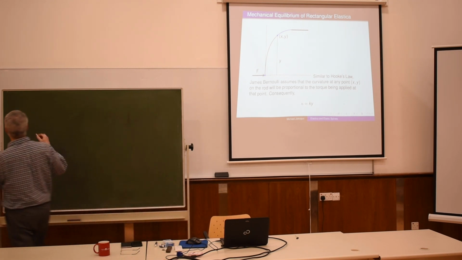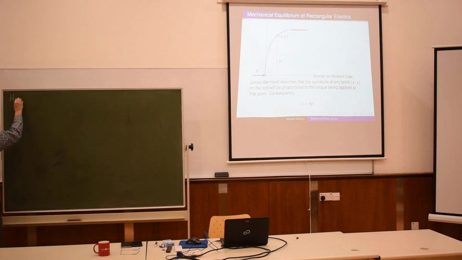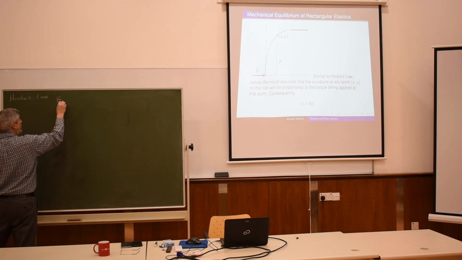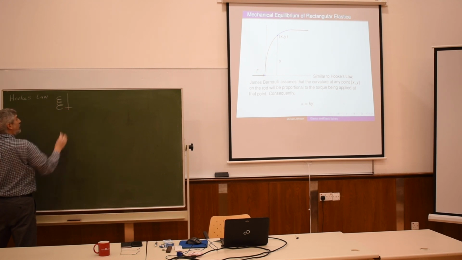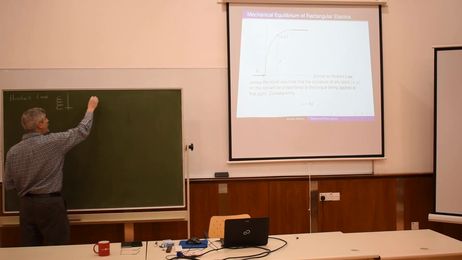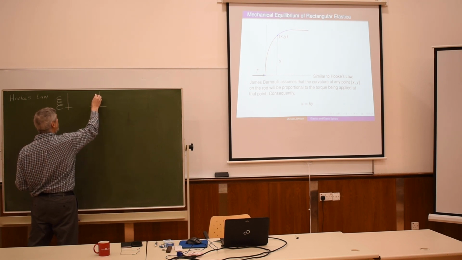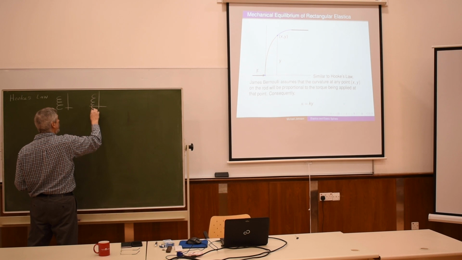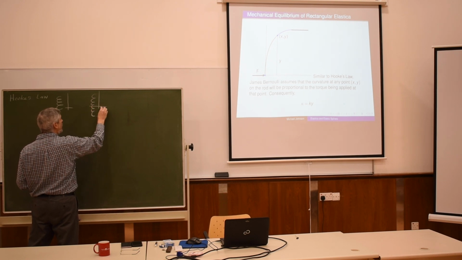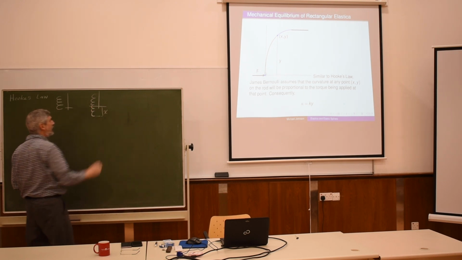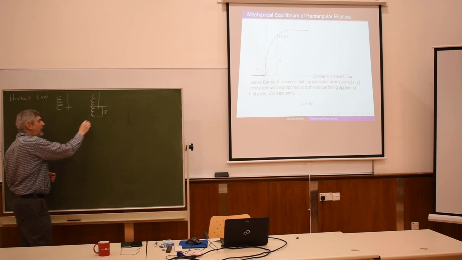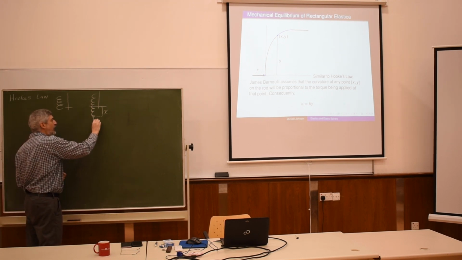Well, I think you would all know Hooke's law, right? So if you have a spring, and this is its nominal length, and if you extend it to be longer than that, you pull it down by some measure x, then what's the magnitude of the force?